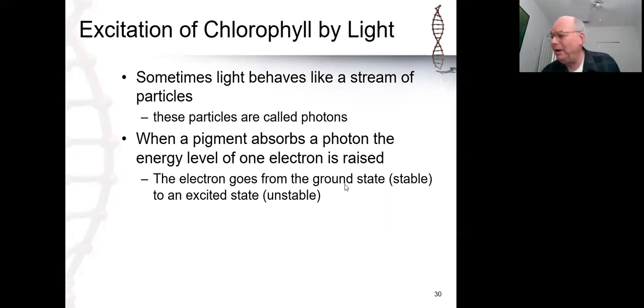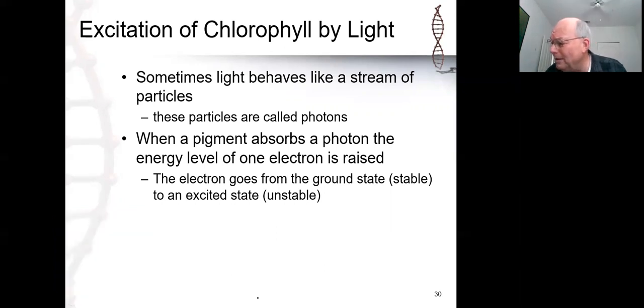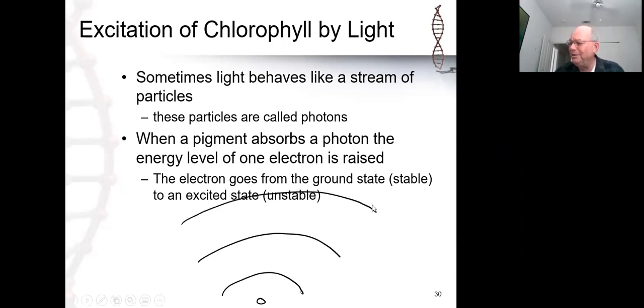I don't have a diagram, unfortunately, so I'm going to have to draw one. So you may recall, hopefully you do, that electrons exist in energy shells surrounding the nucleus. So here's a nucleus, and I need to draw in 3 energy shells so that you can understand this. So let's put an electron sitting here.